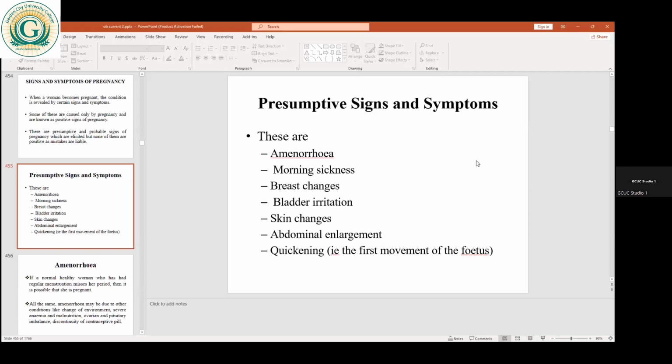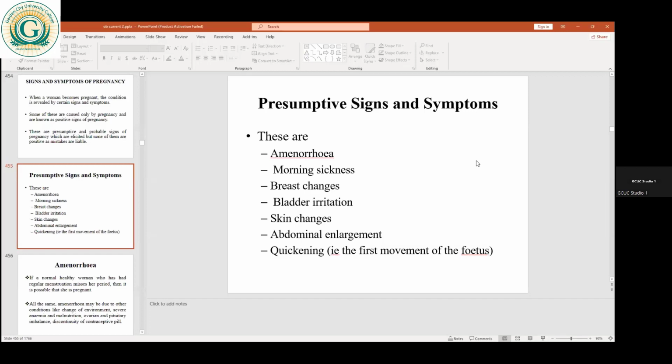I'm itching to do this. Presumptive signs and symptoms of pregnancy. What I have here: amenorrhea, morning sickness, breast changes, bladder. These are what we call presumptive signs. If the woman is not menstruating, it does not necessarily mean that she is pregnant. If the woman gets up early in the morning and starts vomiting, it does not necessarily mean she is pregnant.